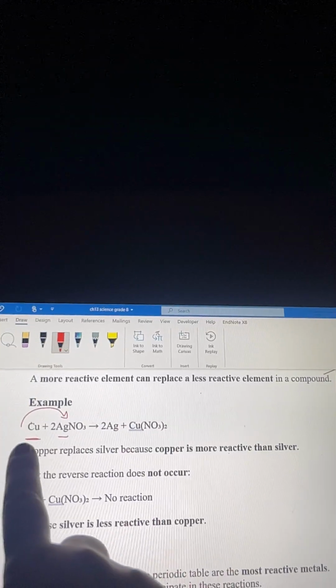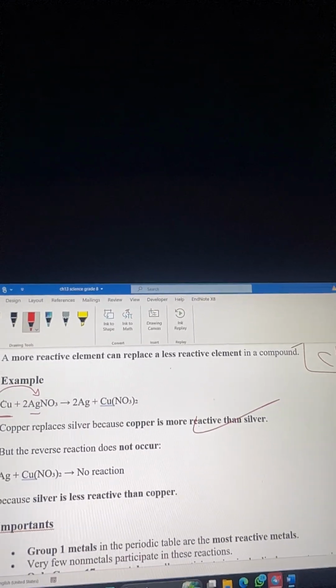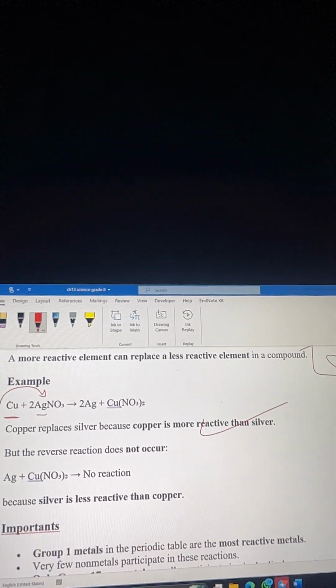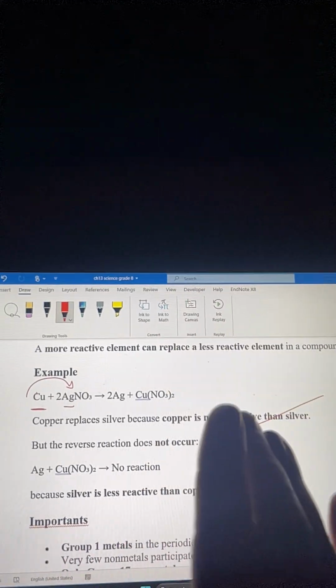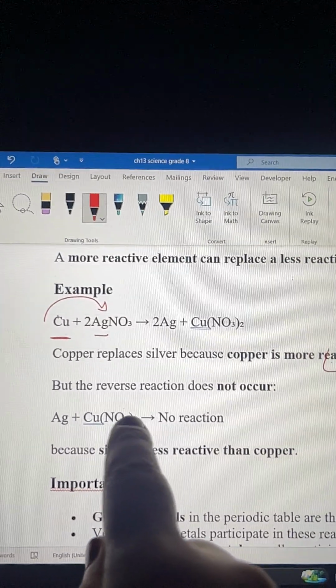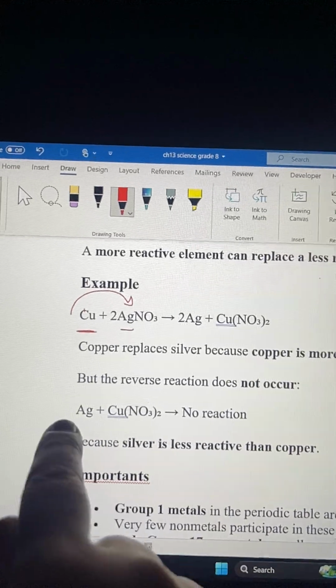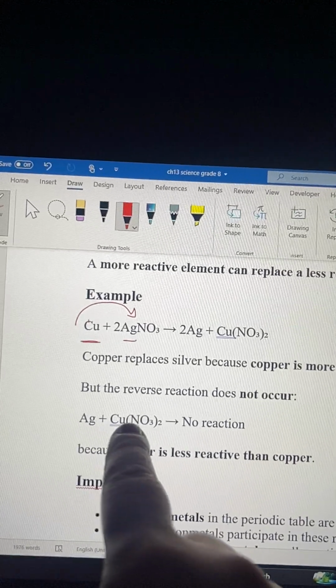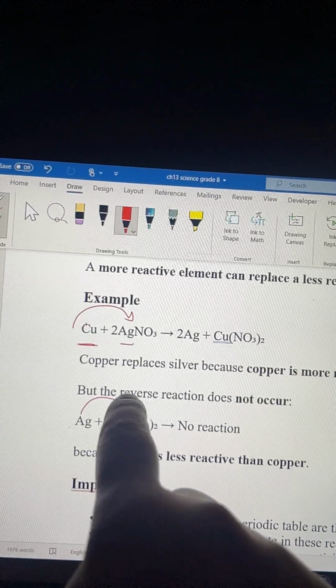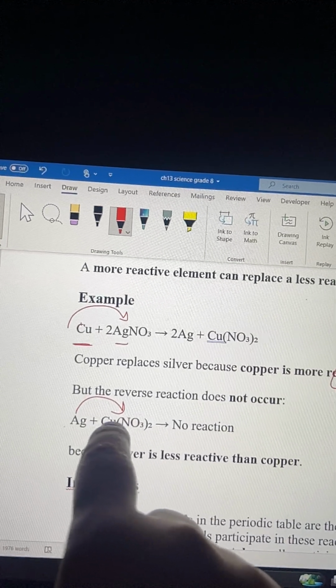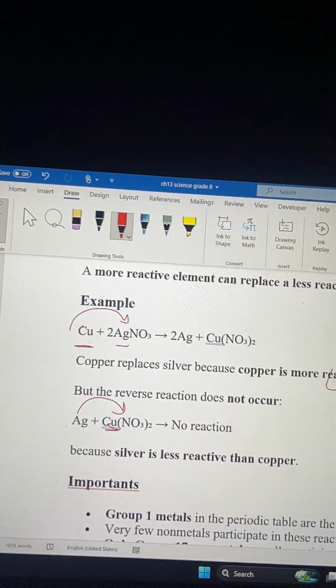But the reverse reaction does not occur. If Ag is there and Cu is in the compound, can Ag replace Cu? No. Why?